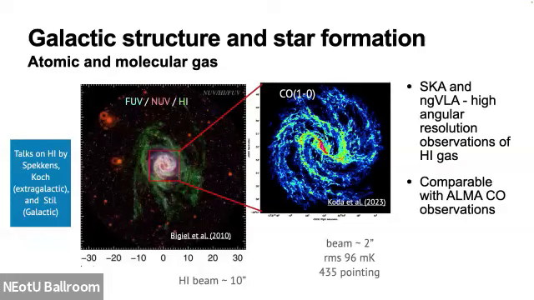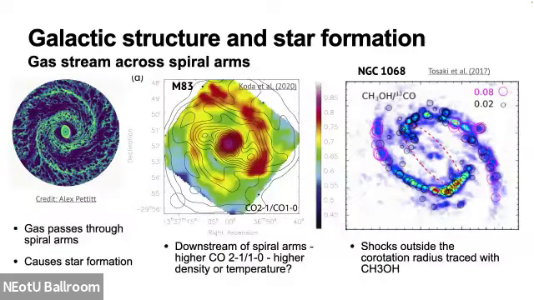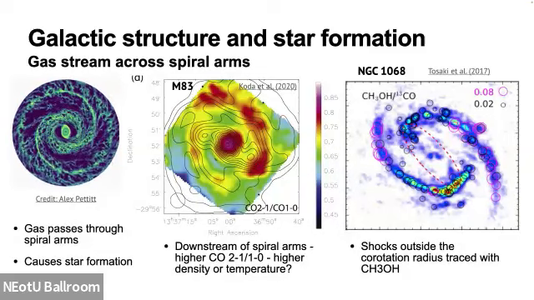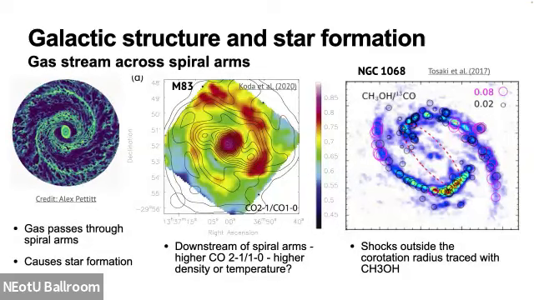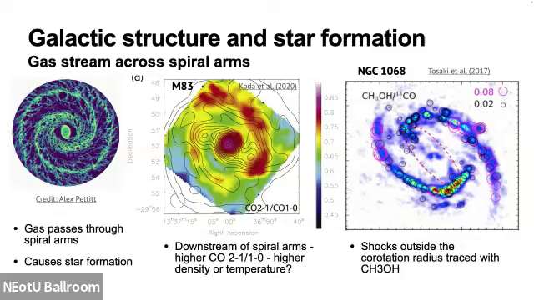And as you can see from this movie, in the spiral galaxies, the gas flows into the spiral arm and goes out from the spiral arm. So it doesn't just stay in the spiral arm region. As they do this, they can form stars when they go through the densest region.